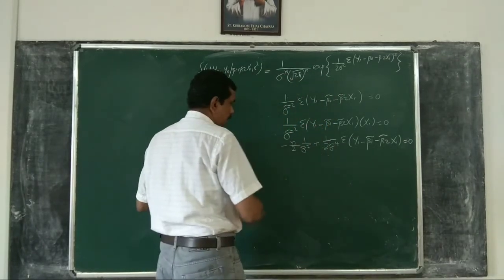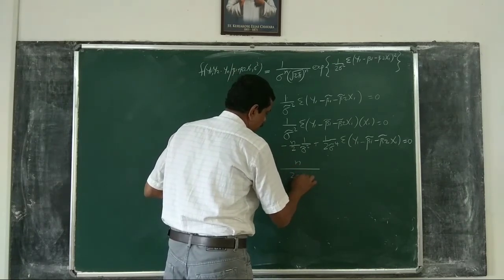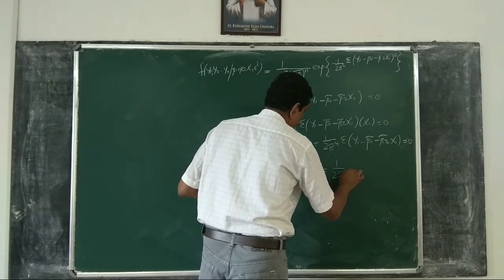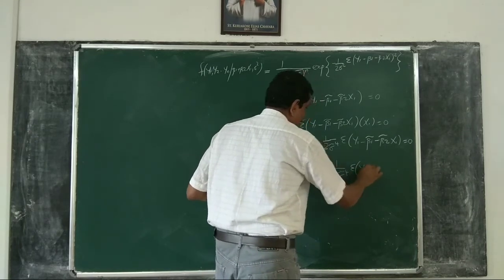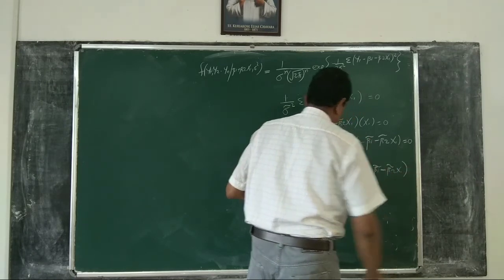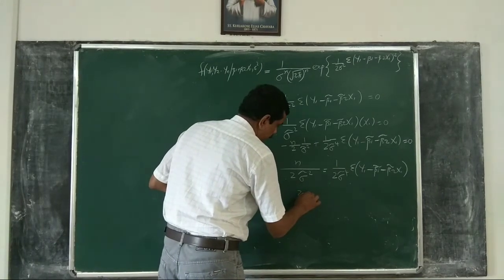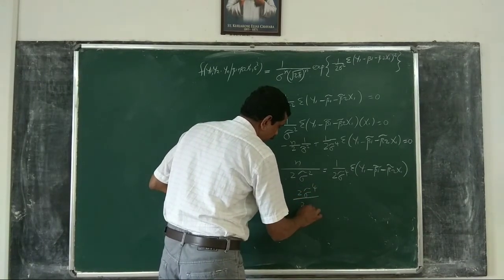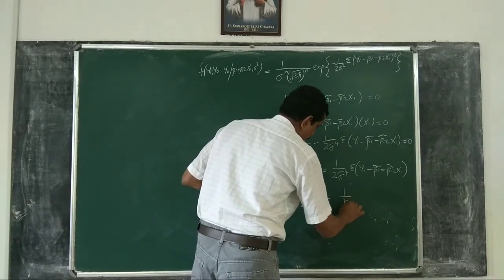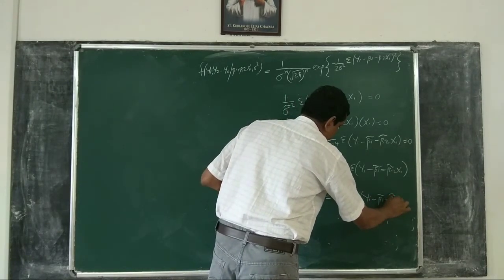Now this can be written, taking these terms to the left, n by 2 into sigma tilde square is equal to 1 by 2 sigma tilde raised to 4 into sigma yi minus beta tilde 1 minus beta tilde 2 xi whole square. Cross multiplying, you will get 2 into sigma tilde raised to 4 by 2 into sigma tilde square is equal to 1 by n into sigma yi minus beta tilde 1 minus beta tilde 2 xi whole square.